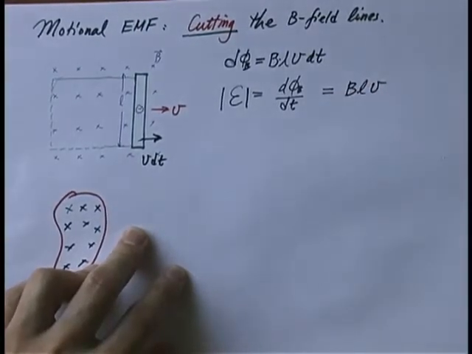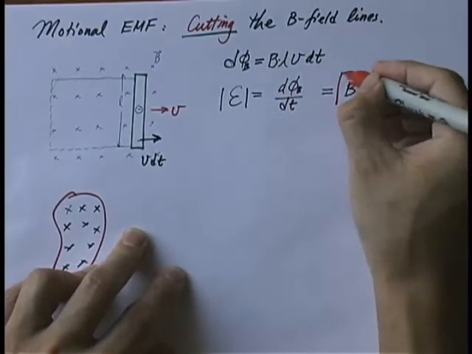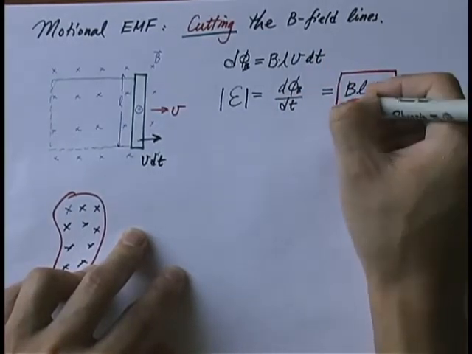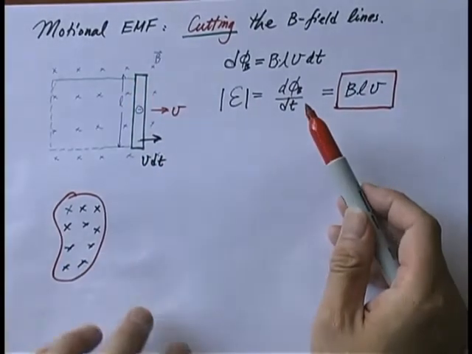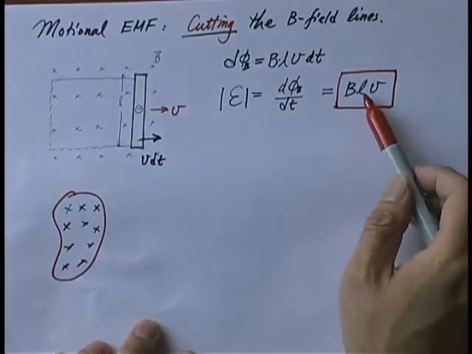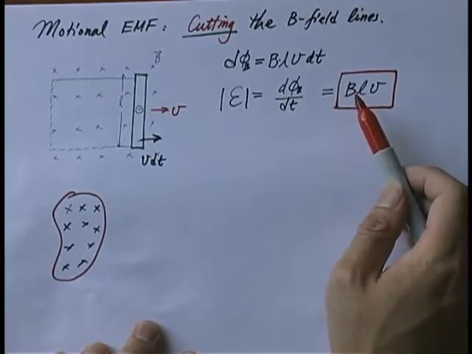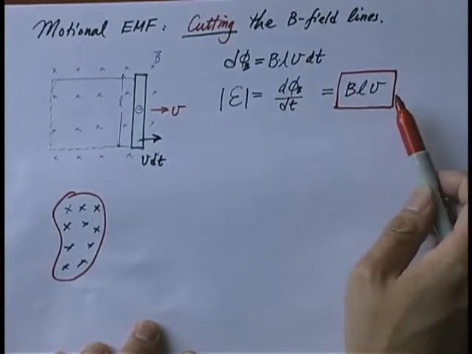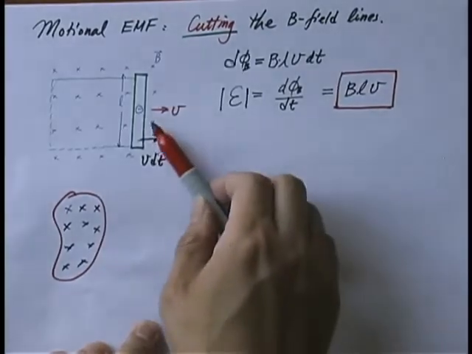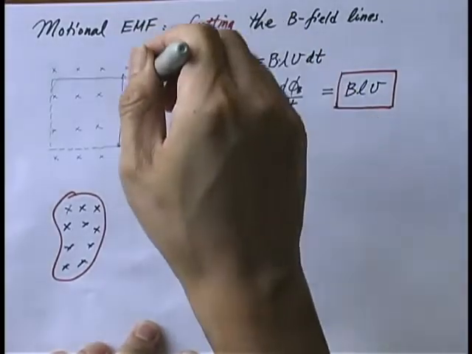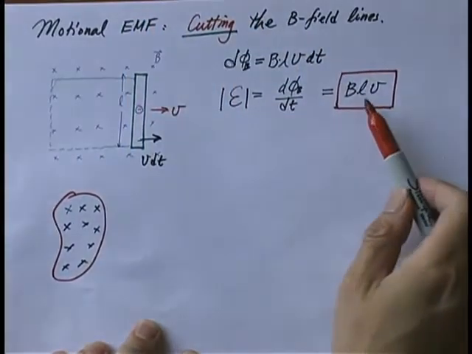This is an important formula for the simple case where you have a segment of the border moving, and that segment has a length L exposed to a uniform magnetic field B, and it's cutting through the B field lines perpendicularly. It has to be perpendicular. In other words, the motion has to be perpendicular to the magnetic field, with a speed v.